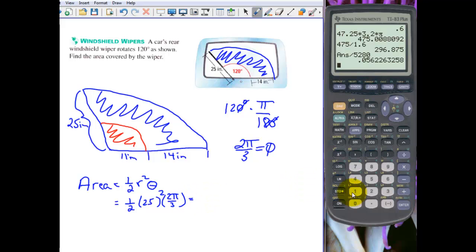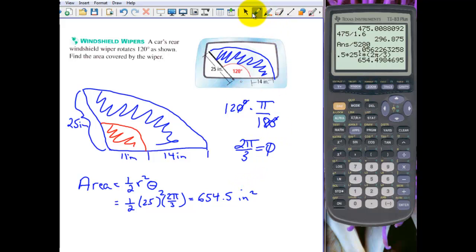So let's calculate that: 0.5 times 25 squared times, in parentheses, 2 pi divided by 3, and we come up with 654.5 square inches.